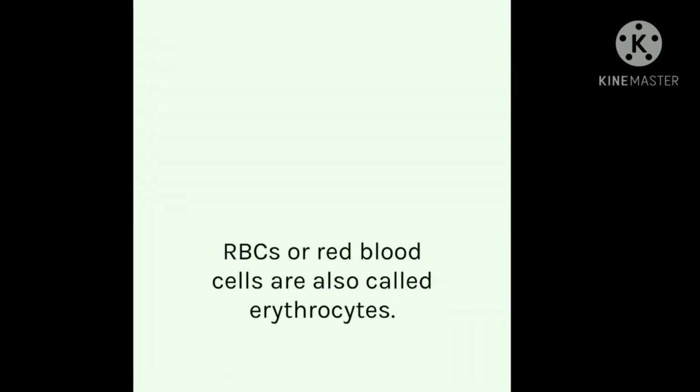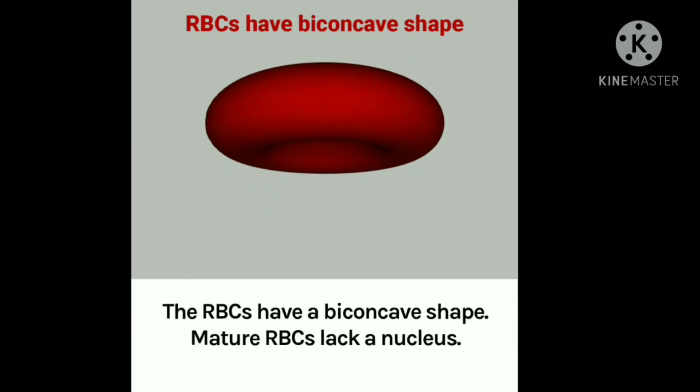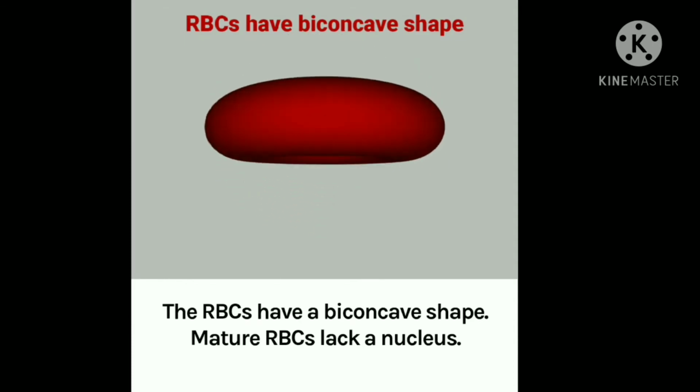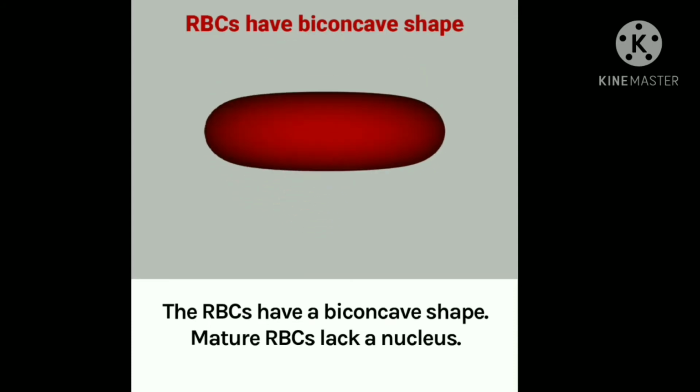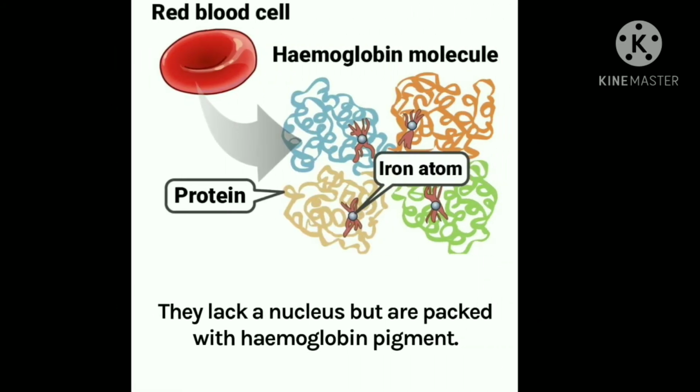Now red blood cells or RBCs. The RBCs have a biconcave shape. Mature RBCs lack a nucleus.